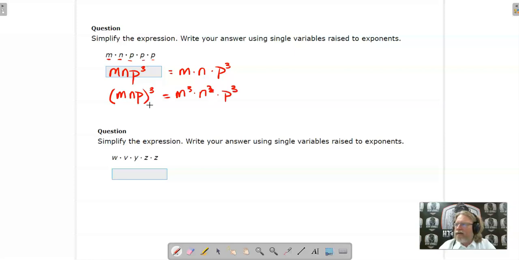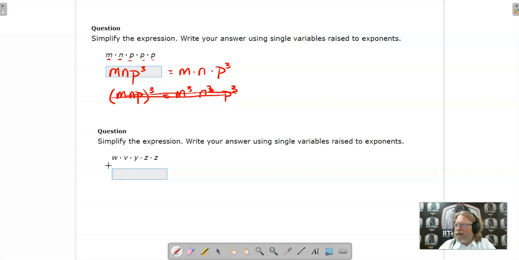These are two different things. But since we don't have the parentheses, we don't have to worry about all this here, and we can put m times n times p cubed. And we know that since it's not parentheses, the exponent only applies to the one variable or value that it follows. That'll come in handy later on as we do other activities in the future.